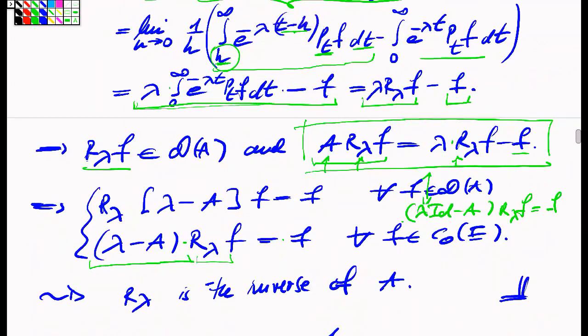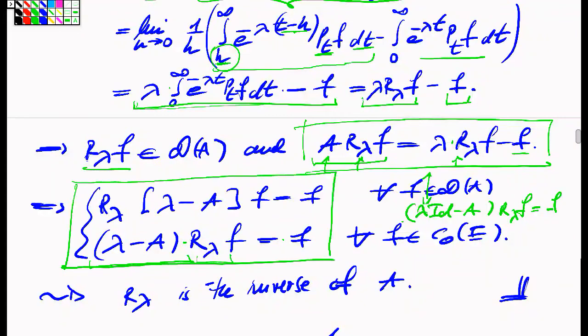So altogether, together with the conclusion of the first part of this proof, I have now that R lambda is the left inverse of this operator lambda minus A, which is defined on the domain of A, and I have that lambda minus A applied after the resolvent gives me the f back.